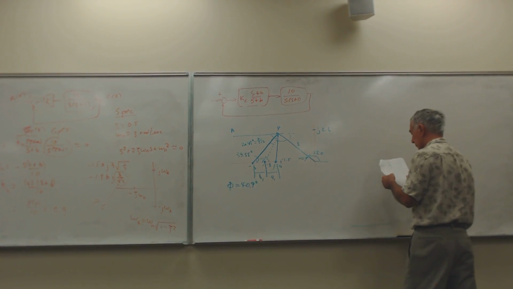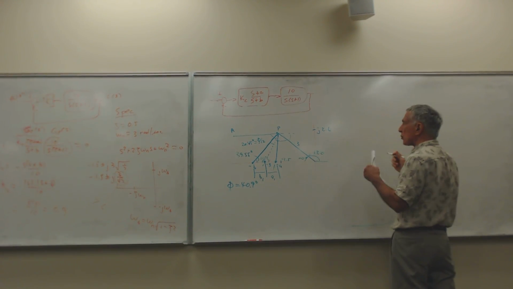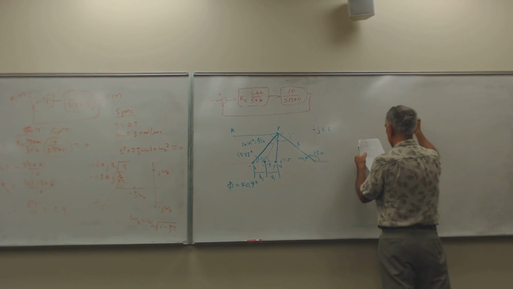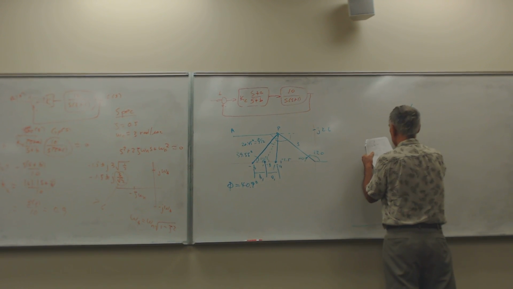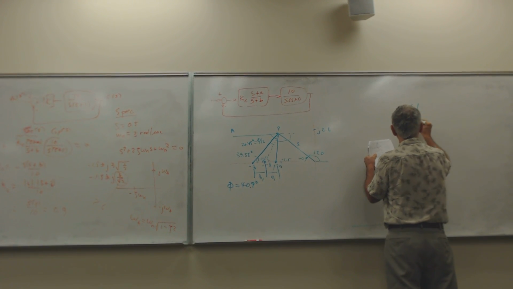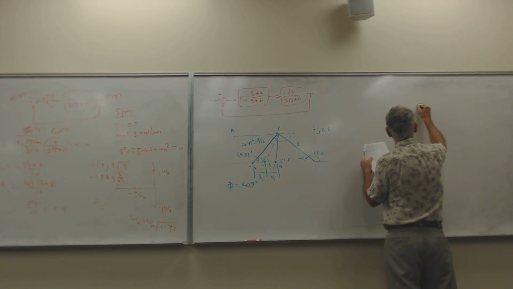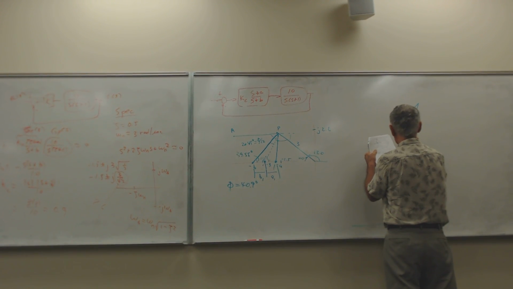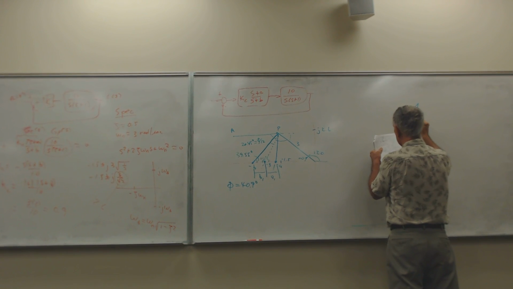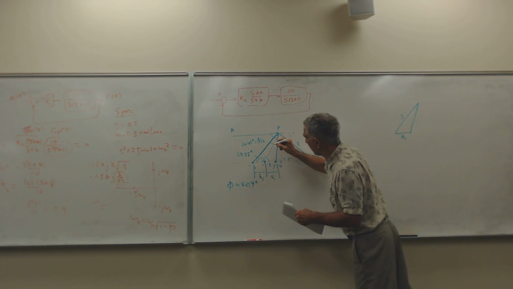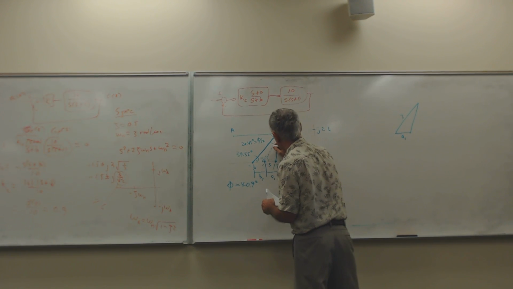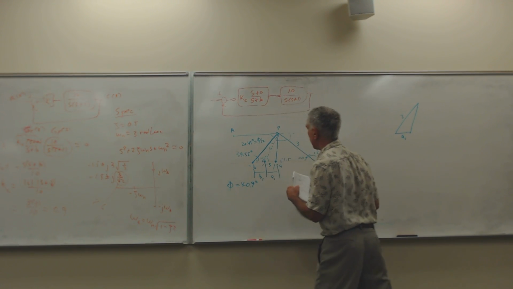And so you can extract these triangles out of here. We've got this one here, and so this would be A1, this would be 3. That's this one right here. This dashed line has a length of 3.